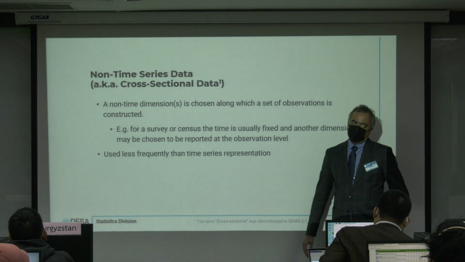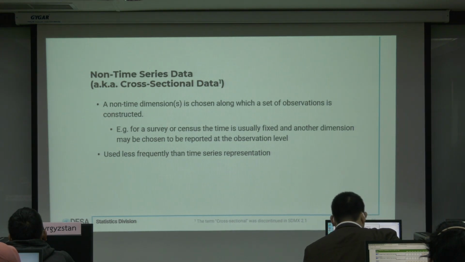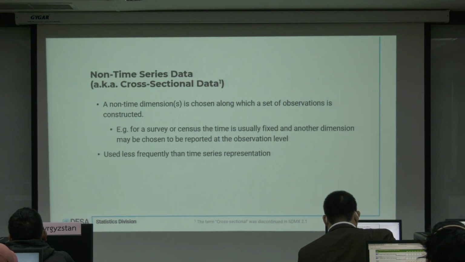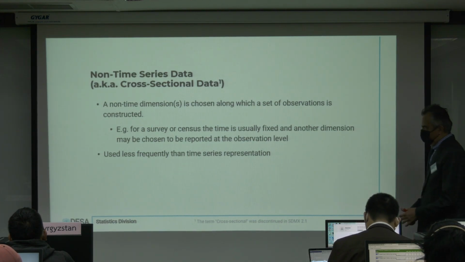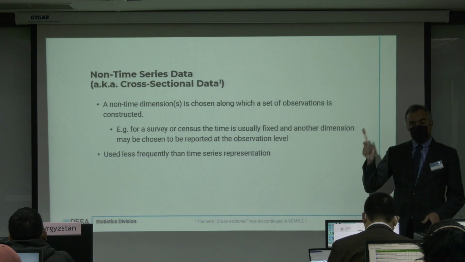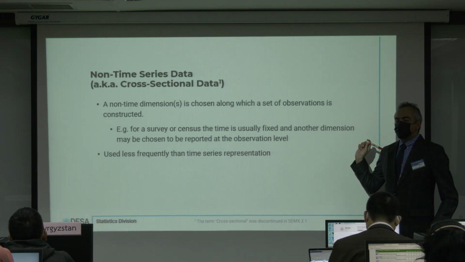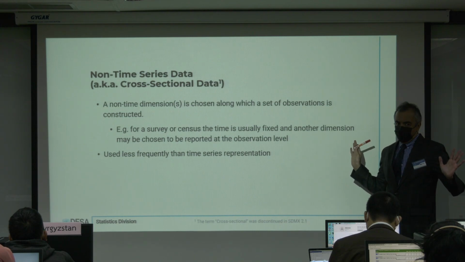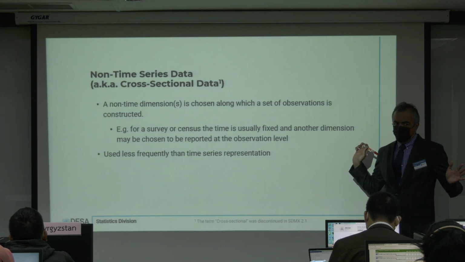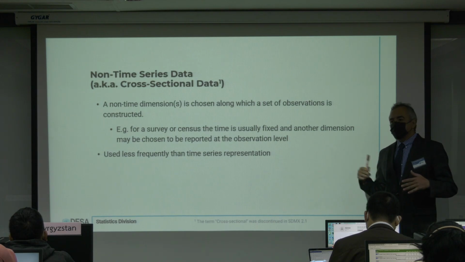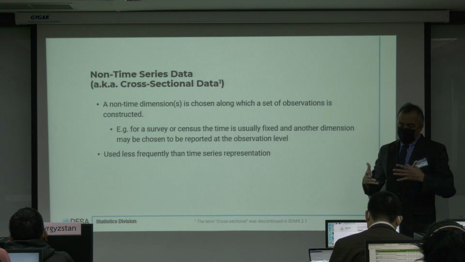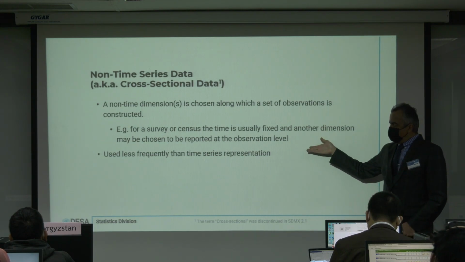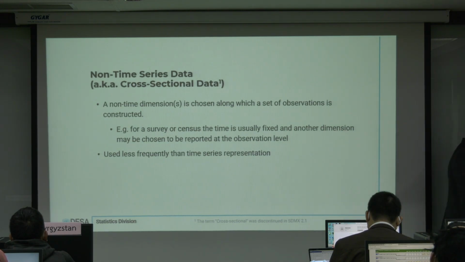But in reality, almost always we use time series representation because this is the most natural representation for aggregated data. However, if you want to disseminate data for some reason, for a single survey or census, so we are not constructing time series because it all refers to the same time period, then you can choose another concept or a group of concepts to report the data.